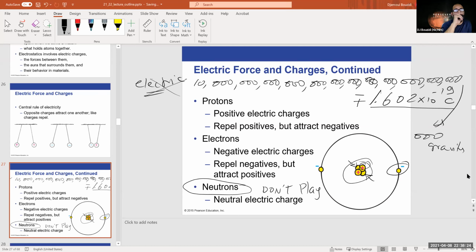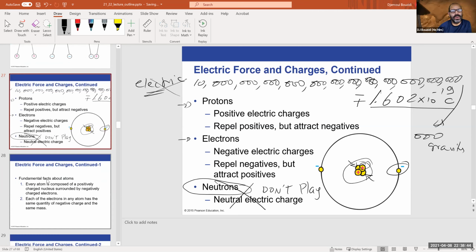But that's another game, okay? But this game of electricity, these guys are not invited. They're neutral. These two guys are allowed in the game. If you have a charge, you are allowed. If you don't have a charge, get out of here, okay? So that is how you can envision this.